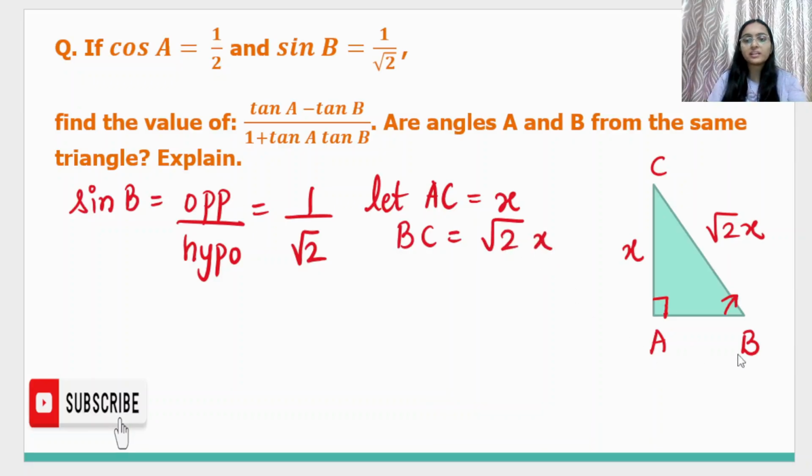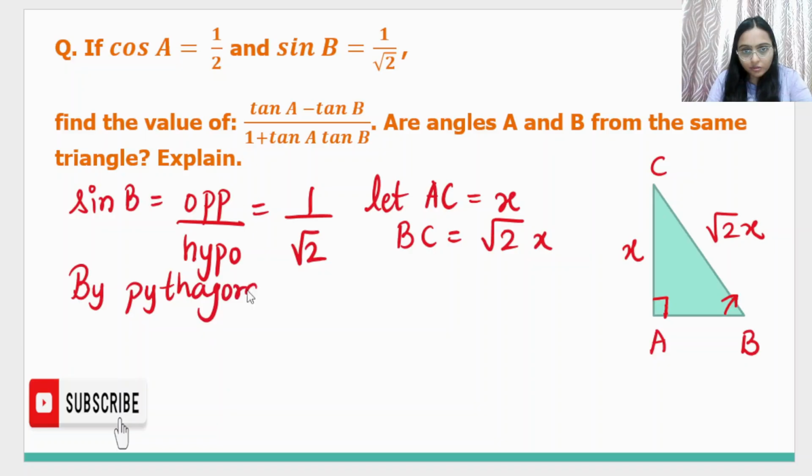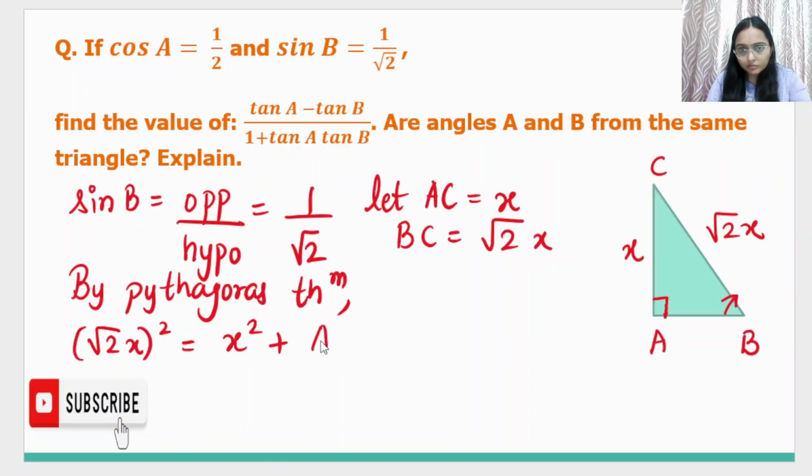Using this we will be finding side AB, which is the adjacent side. So again by Pythagoras theorem, hypotenuse root 2x the whole square equals x square plus AB square.